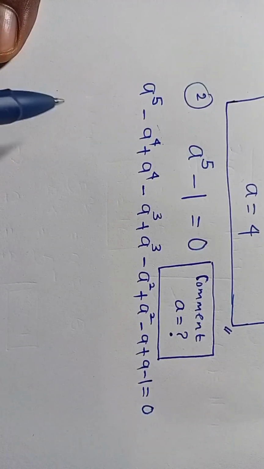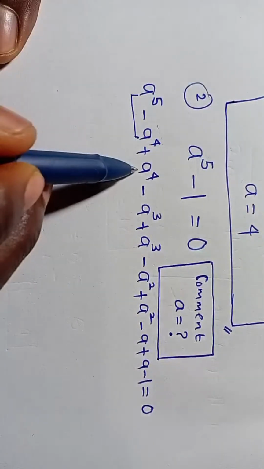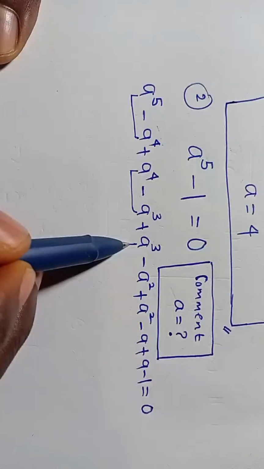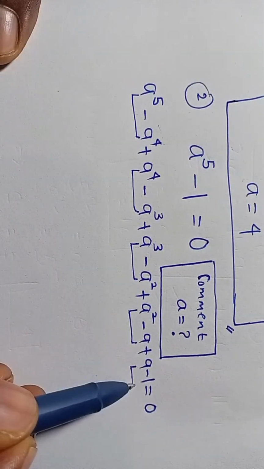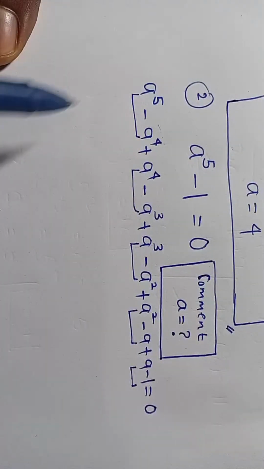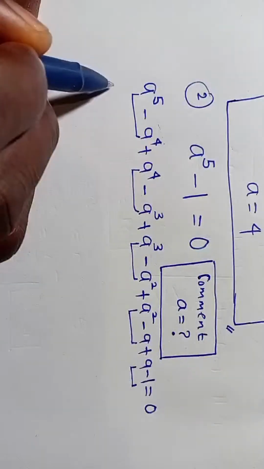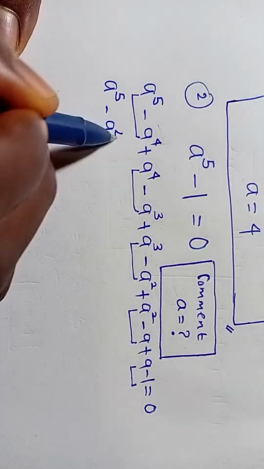Now, let's regroup this expression as this. Then we pick them like this. So if you have them as follows, we're going to have this as A to the power of 5 minus A to the power of 4.